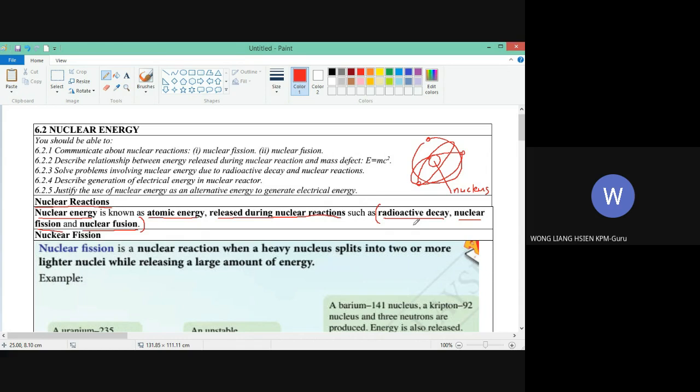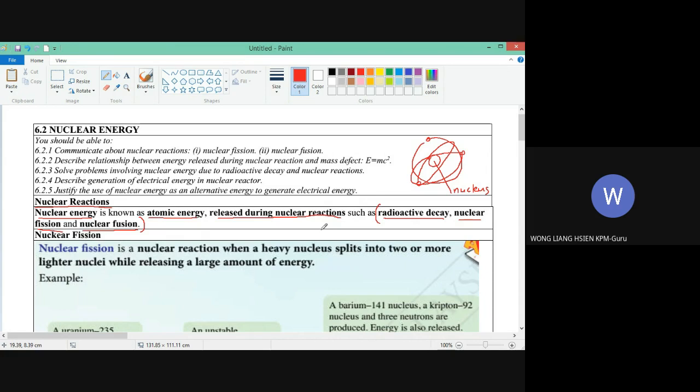So the kinetic energy of the alpha particle is from the energy that ties the protons and neutrons together inside the nucleus. When they are released, that energy is no longer needed to tie the protons and neutrons in the nucleus.